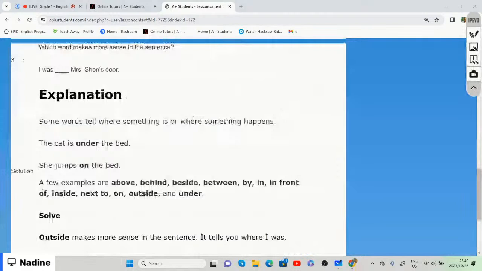I was by Mrs. Shin's door. I was where by Mrs. Shin's door. All right, so we can say outside because it tells us where you were.